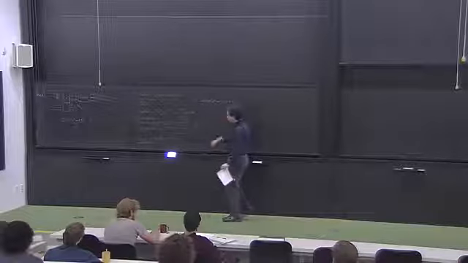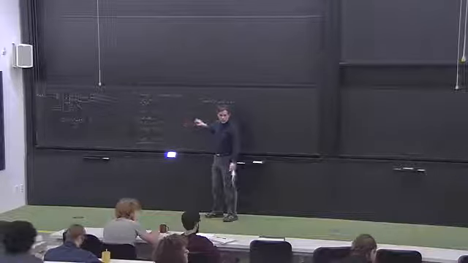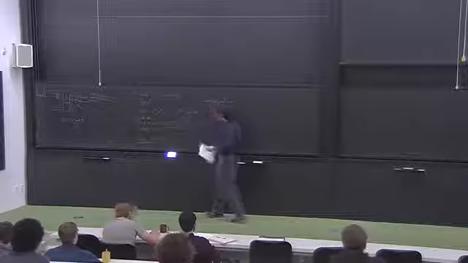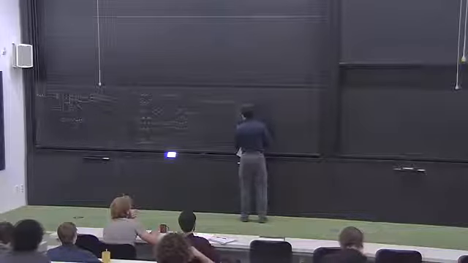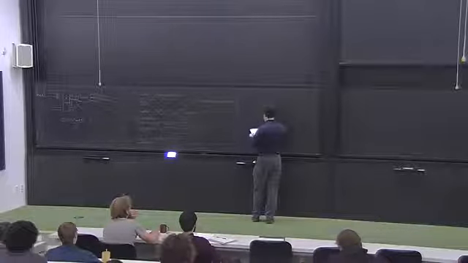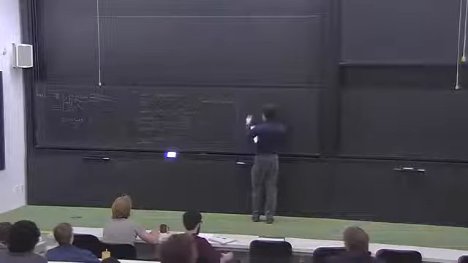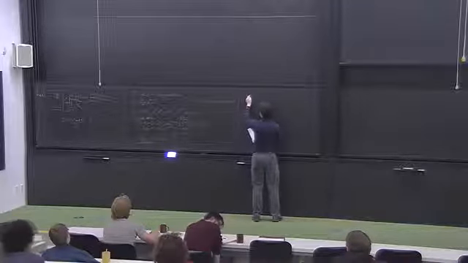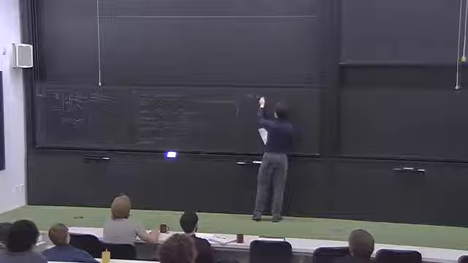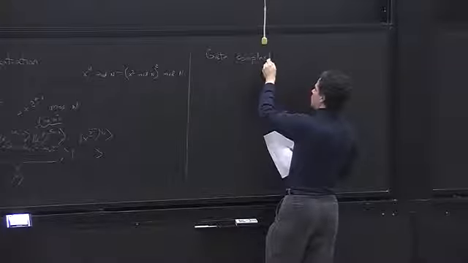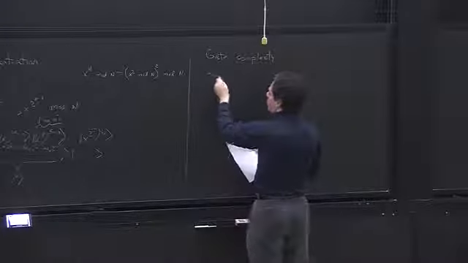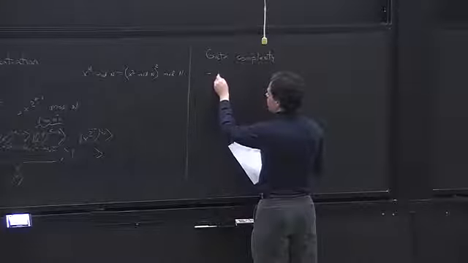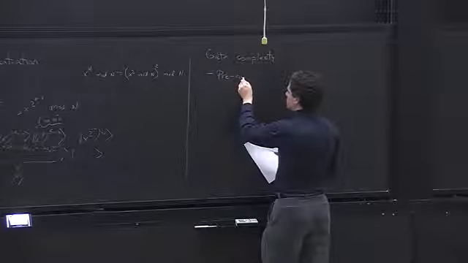Okay, so maybe the next thing to do is to count the number of gates that we actually used here, because we should check that that's not too many. So we have various steps. What's the gate complexity? Okay, the classical pre-computation.